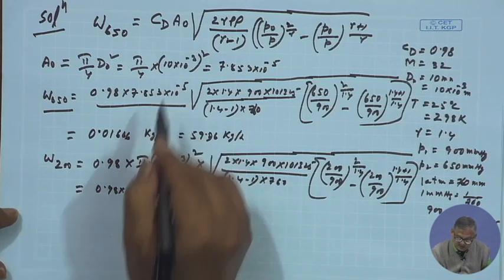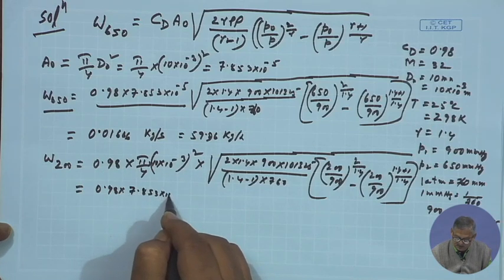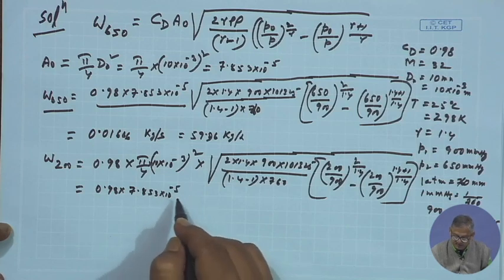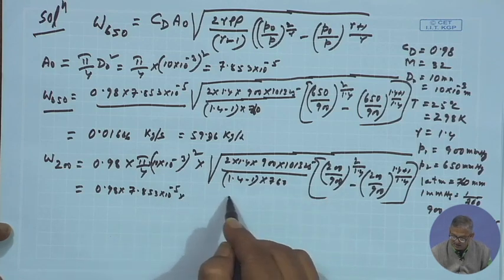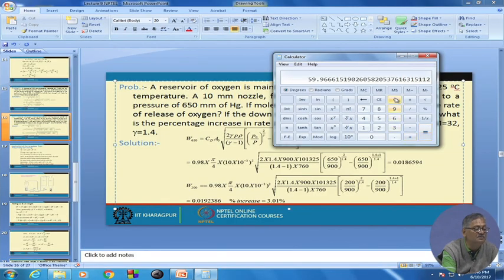This is equals to 7.853 into 10 to the power minus 5 times, let us see how much is this, right? So that comes to be equal to 200 by 900 is equal to this to the power 2 by 1.4, right.